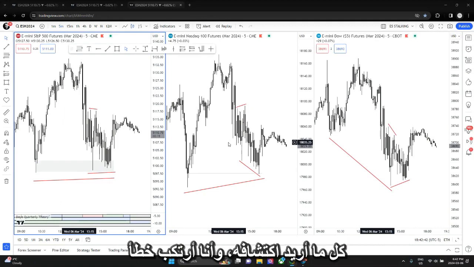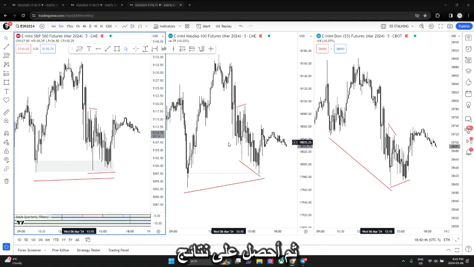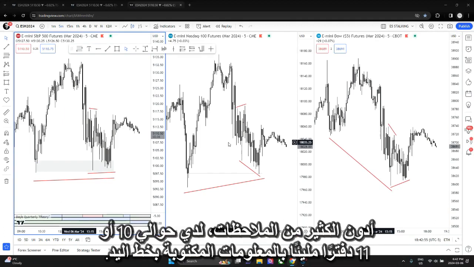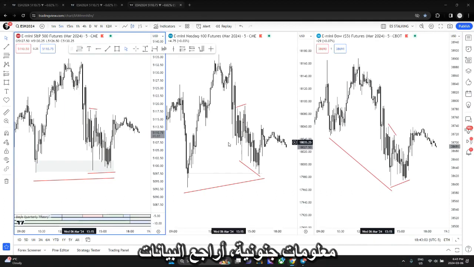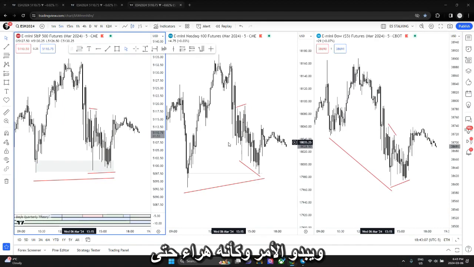That's all I want to find out, and I just make mistake after mistake backtesting, and then I get numerous results from that. Take a lot of notes. Got like 10, 11 notebooks filled, written by hand. Information, insane. Going through data and it just seeming like nonsense until it just clicks.